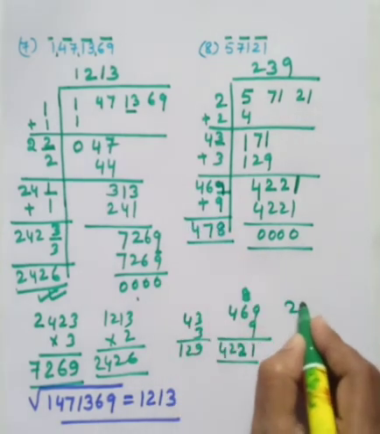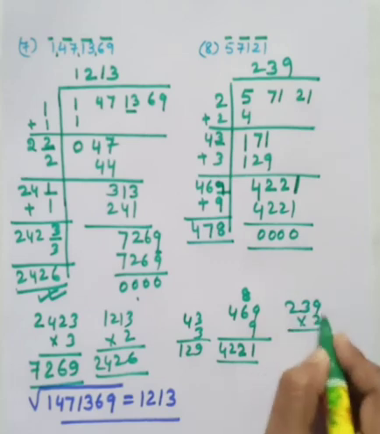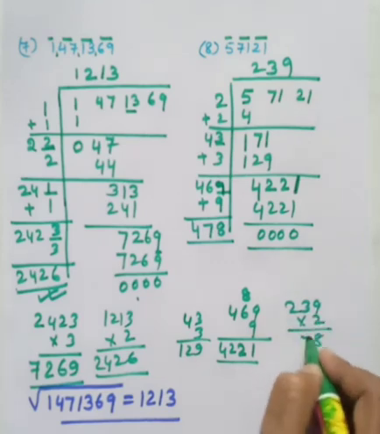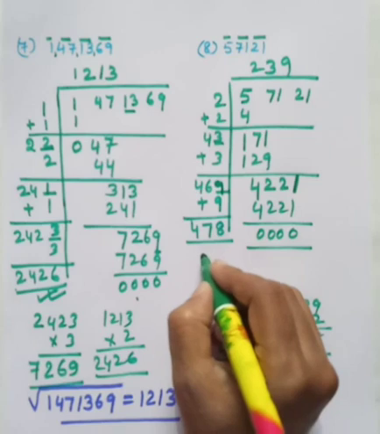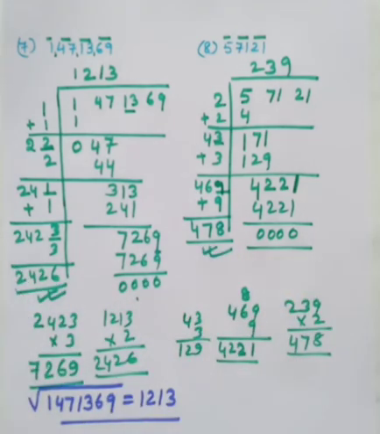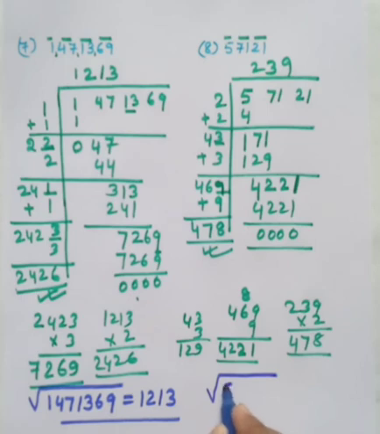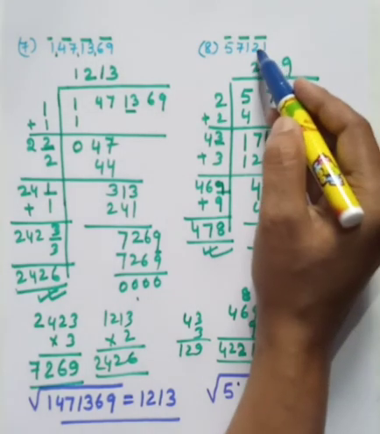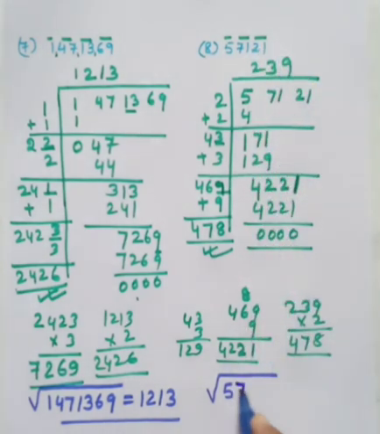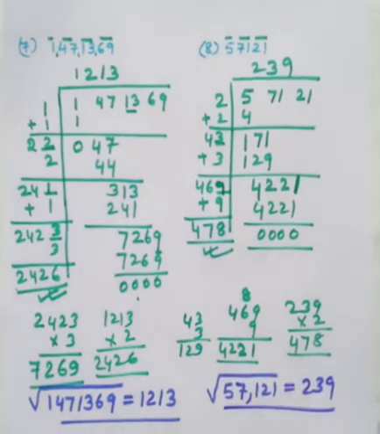Check it. 239 into 2. 9 2s are 18, 1 carried, 3 2s are 6 and 1 is 7, 2 2s are 4. So this is correct. So we can say that square root of 57121 will be equal to 239.